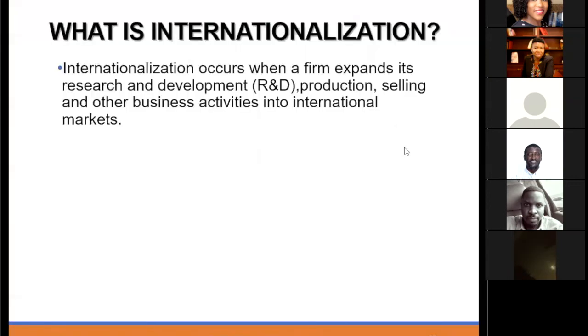So what is internationalization? Internationalization basically occurs when a firm expands its research and development, production, selling, and other business activities into international markets. So any of these, including other business activities that a firm decides to perform in international markets, determines their level of internationalization, right?